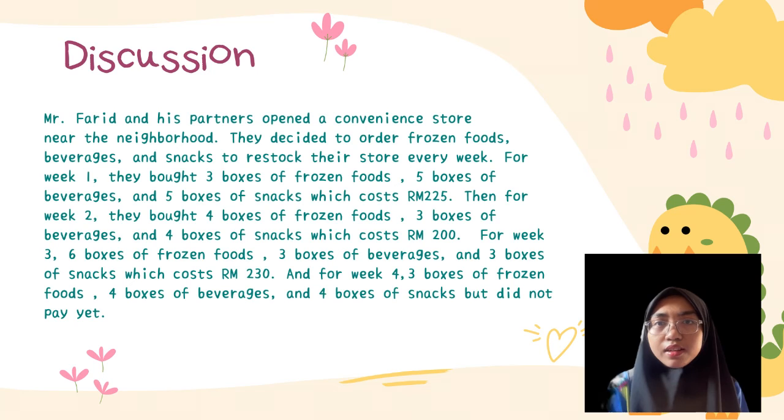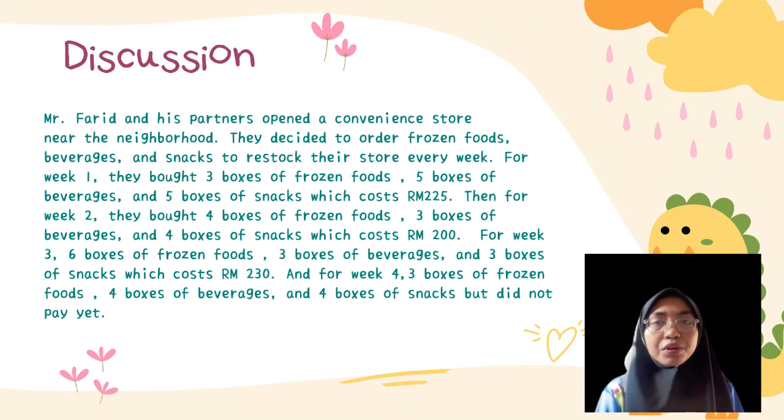From the question, we discussed that Mr. Farid and his partner opened a convenience store near their neighborhood. They decided to order frozen foods, beverages, and snacks to restock their store every week. For week 1, they bought 3 boxes of frozen foods, 5 boxes of beverages, and 5 boxes of snacks, which cost RM225.